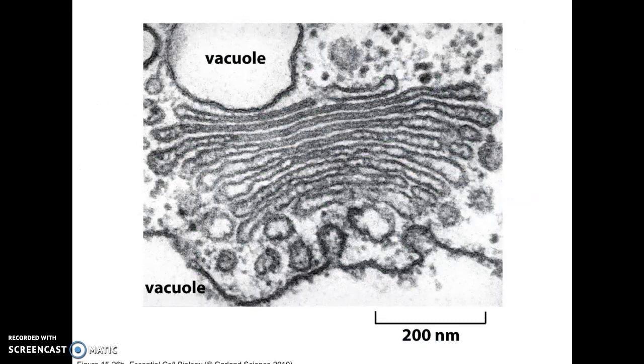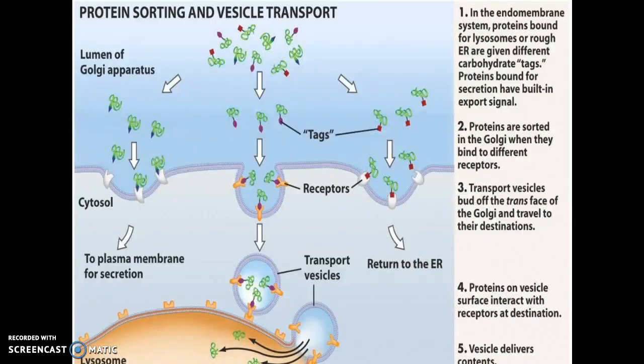So watch the video for progression through the Golgi, which is in the other PowerPoint slideshow. But for now, let's just recognize that there are a bunch of sugars. These sugars get modified, and those sugars are then recognized by different receptors.